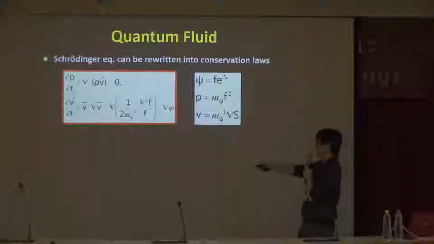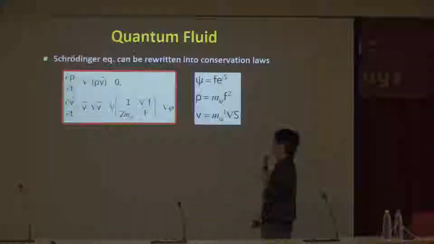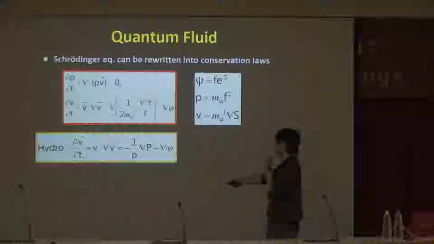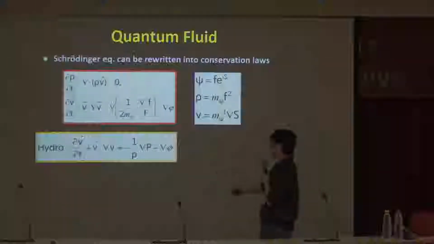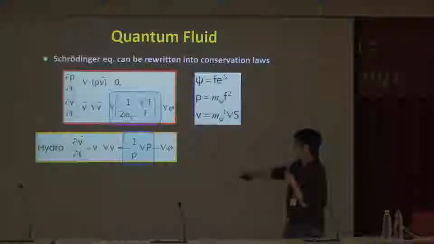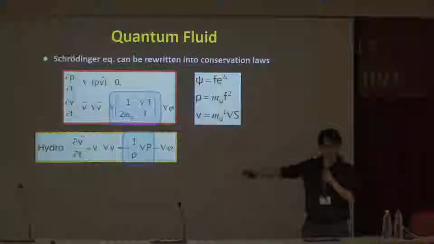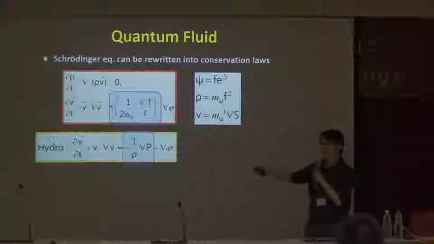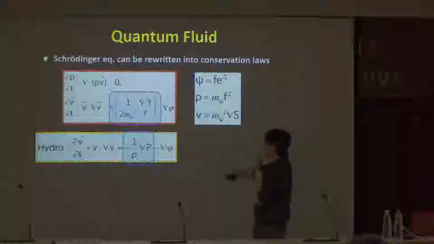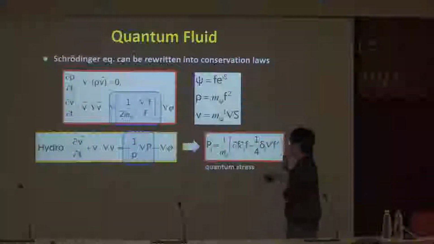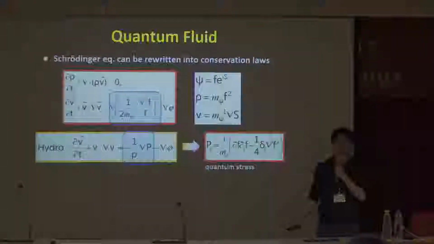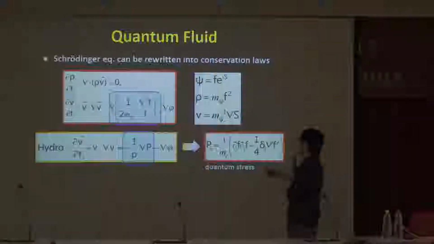So just the continuity equation and the momentum equation. In comparison, this is the momentum equation for hydrodynamics. As you can see, the only difference between these two equations is the first term on the right-hand side. So this is the pressure term. The only difference is the form of this pressure. By comparing these two terms, we can derive the expression for this quantum pressure, which is actually the stress tensor.